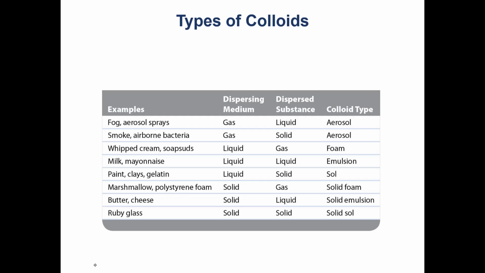Smoke is actually a colloid. It's a solid dispersed in a gas. Things like mayonnaise and milk and whipped cream are all colloids. Things like milk and mayonnaise would be a liquid that's dispersed in a liquid, whereas something like whipped cream would be a gas dispersed in a liquid.